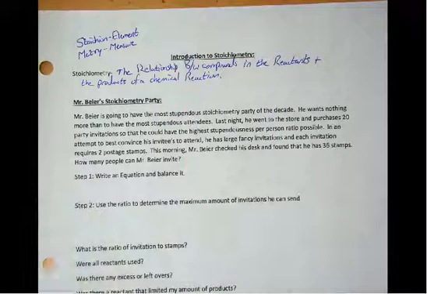So using this process, we are able to do things like determine the amount of reactant that we need to produce a certain amount of product, or determine the amount of product that we are going to make if given a certain amount of reactant.